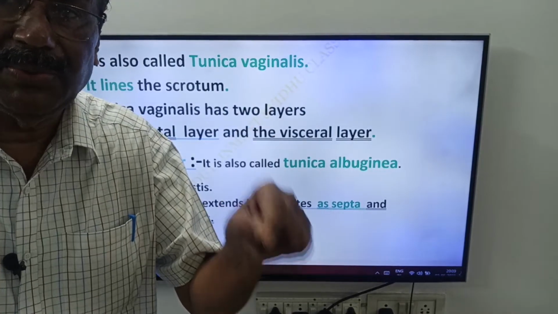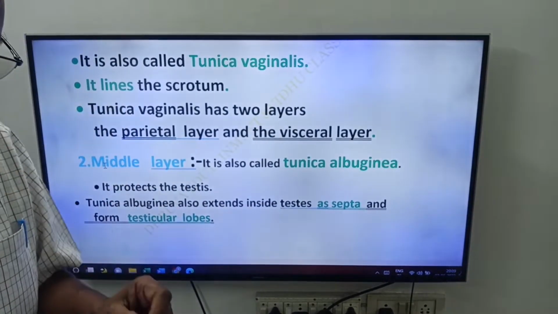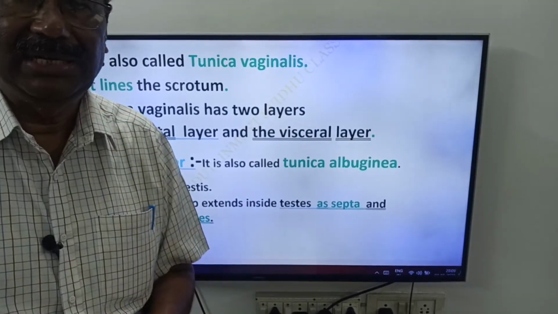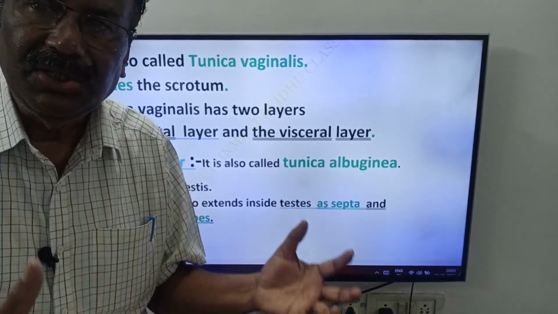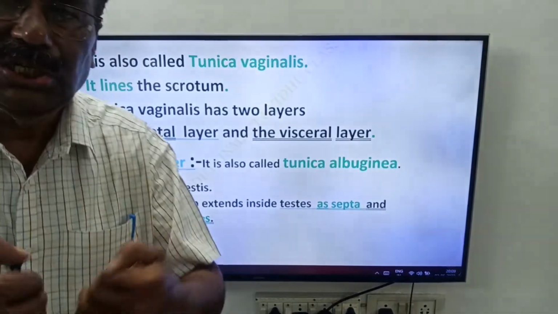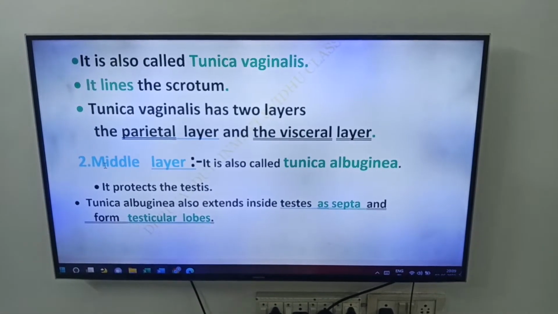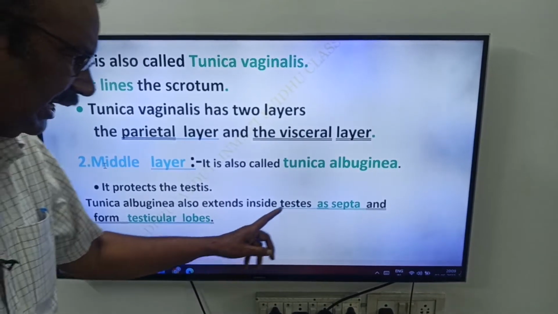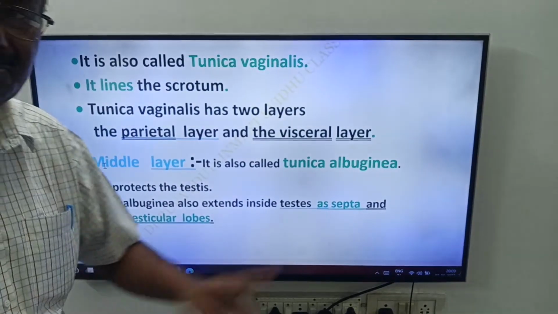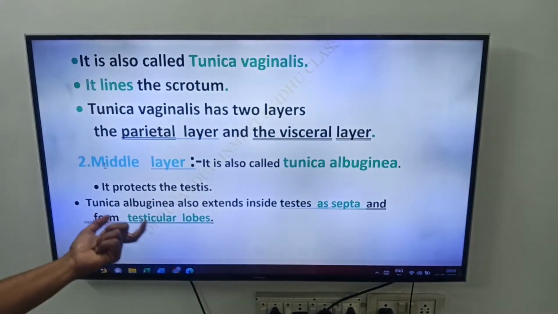Those lobes are formed by the extension of tunica albuginea into the testis as septa.